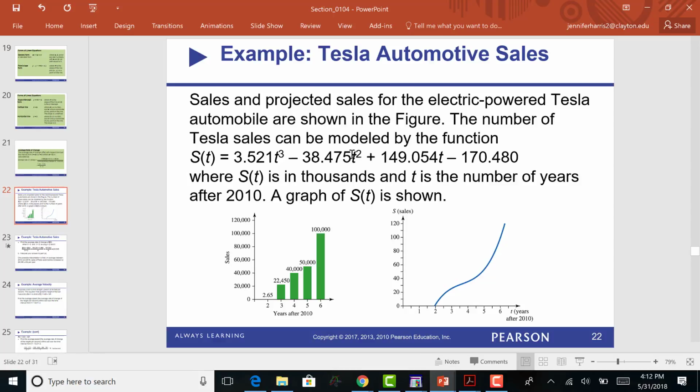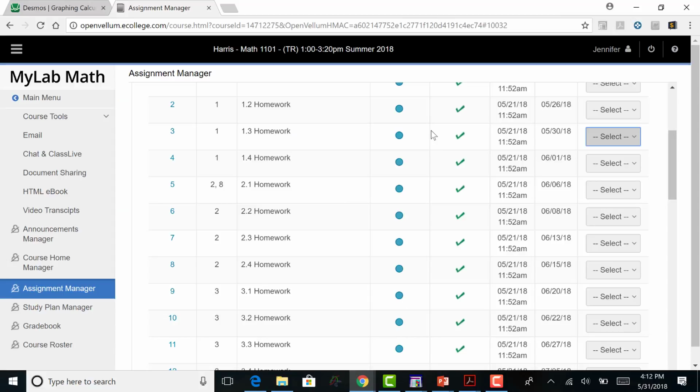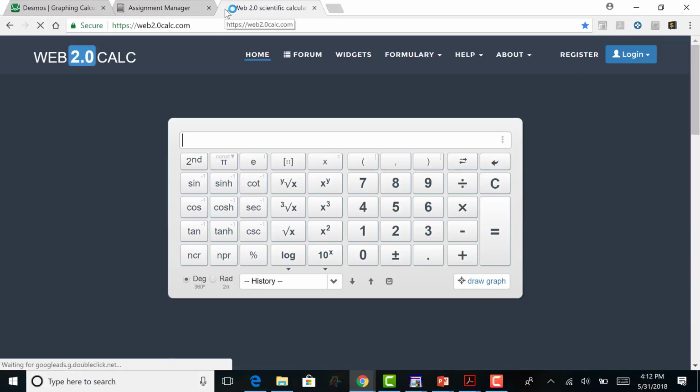I need a calculator for us. You missed one thing. All right, let me go to it. Here's the web calculator that I use, web2.0calc.com.